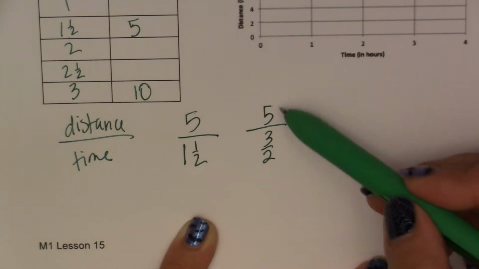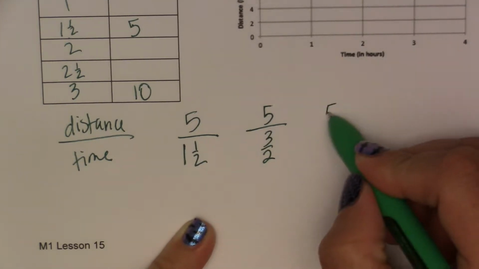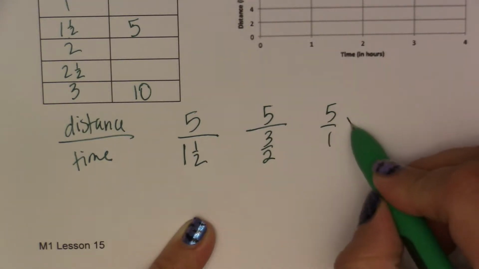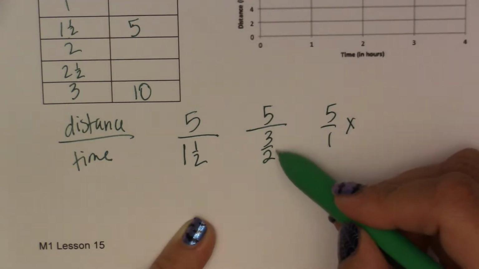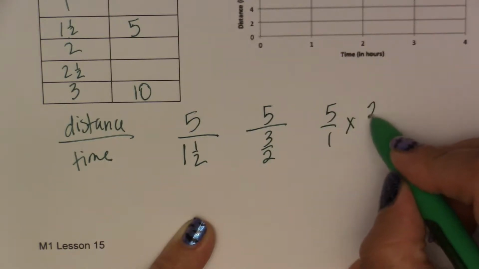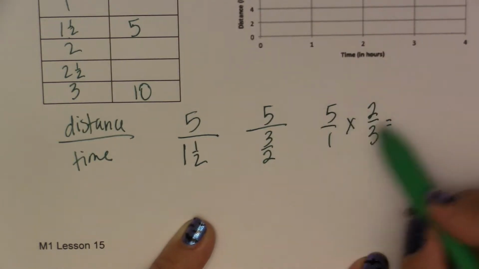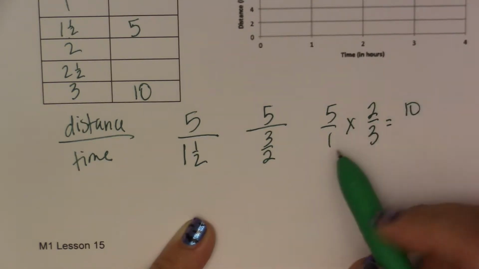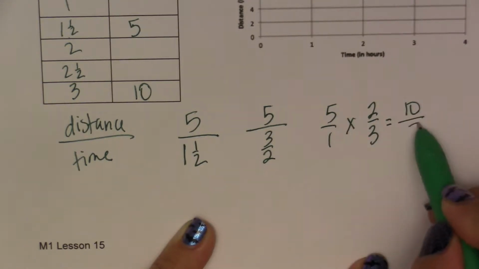Now to divide my fractions, I'm going to keep my 5/1, change from division to multiplication, and then we're going to flip this upside down and use the reciprocal. And now I can multiply straight across. So 5 times 2 is 10, and 1 times 3 is 3.